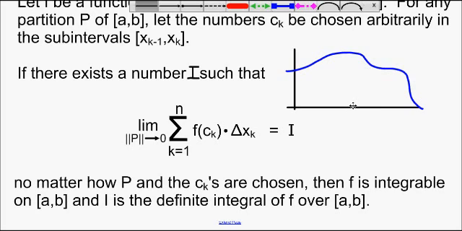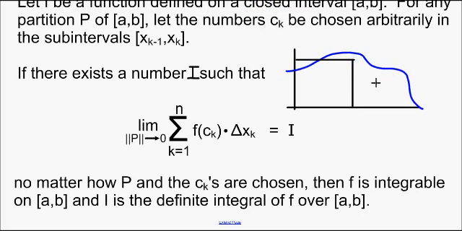So if I just did 2 rectangles, maybe I'll do a midpoint sum here, I might get something like this. But as you can see, I have a lot of area that should not be included, like here, that I'm including in my calculation, and then a lot of area that I'm not including right here. So the rectangular shape has a lot of errors with it.